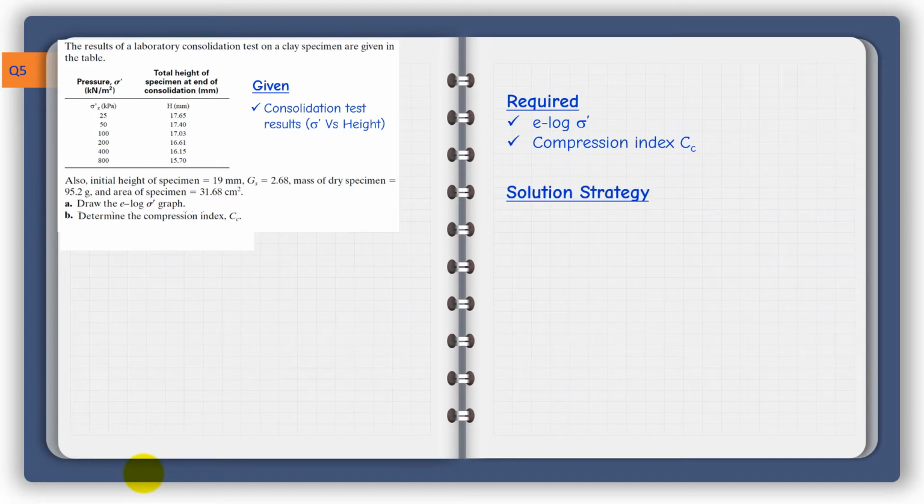Solution strategy for problems of that nature. First, we need to process the height to get the void ratio, because we are given the height rather than the void ratio e.